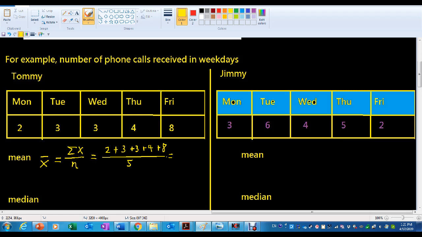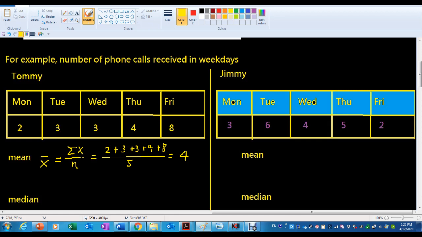That's 20 divided by 5. That should be 4, alright? Okay, so you might say on average, Tommy receives 4 phone calls during the weekdays. Okay, so of course, that's just a representation of the center of the data.